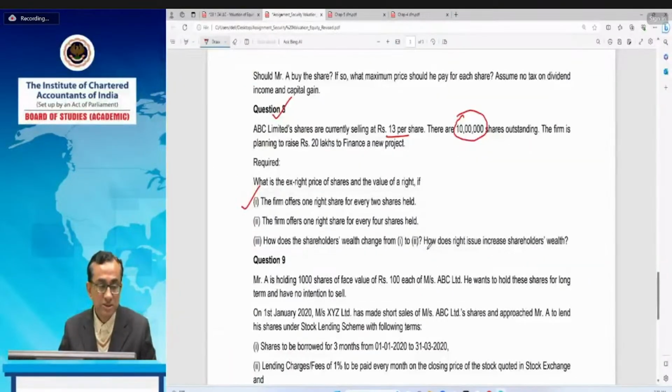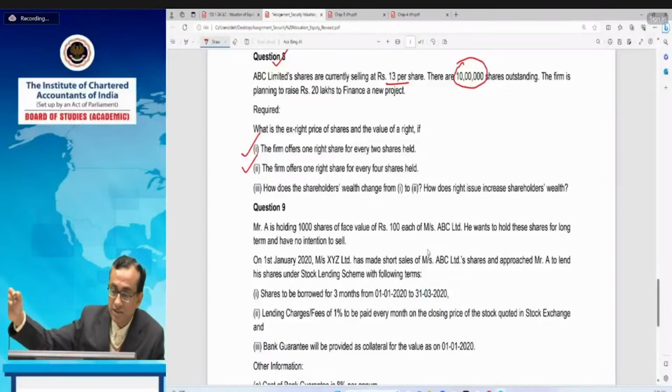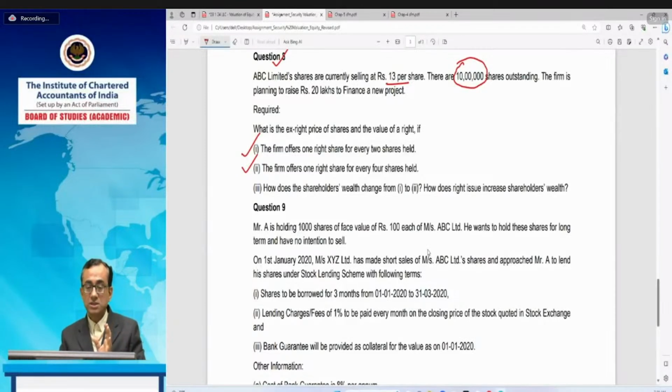So I hope it is clear how this valuation of equity shares is done. We will take the last portion. Two portions we have already considered, and the last portion is how does the shareholders' wealth change from 1 to 2, and how does right issue increase shareholders' wealth?